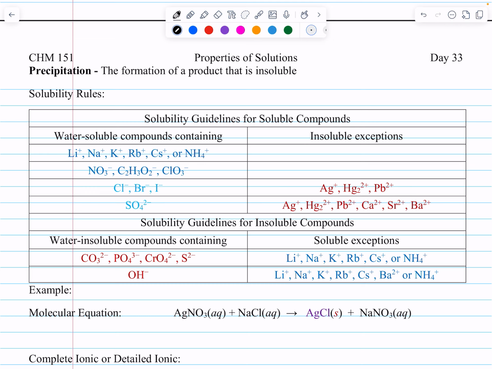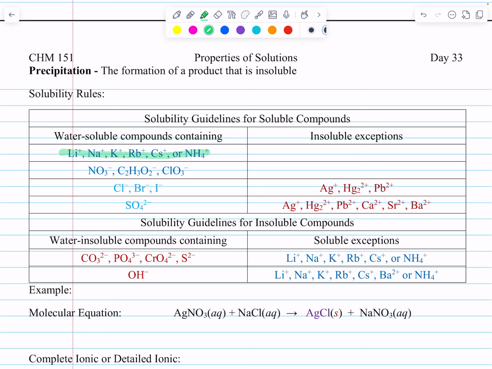This is a double replacement or double displacement reaction where we have an insoluble solid product. Now, solubility rules. You do not have to memorize these, but it's good to know them. These are the general ones. This is not an exhaustive list, but generally speaking.